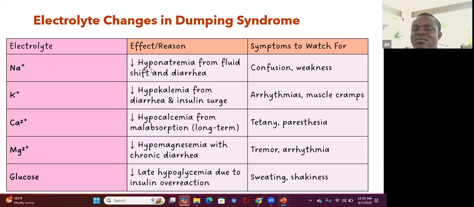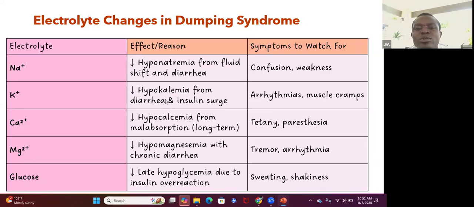Definitely, you can find sodium levels to be less than 135. Most of the time, when it gets to less than 120, that is more dangerous. That is where you have profound confusion, weakness, and all of that.